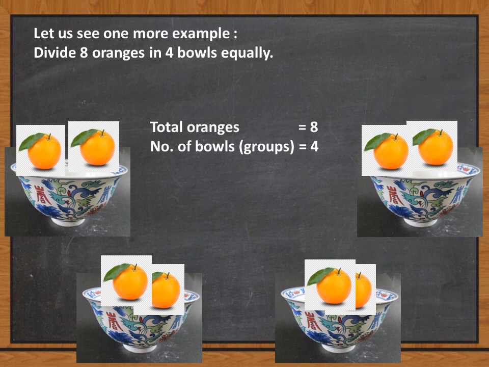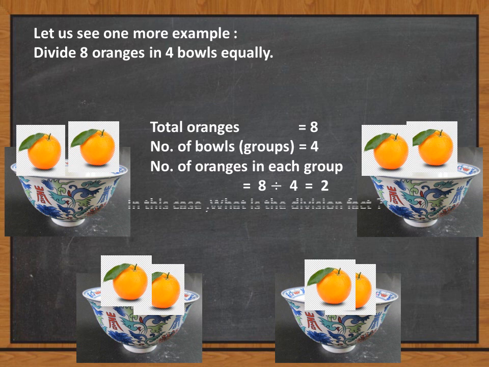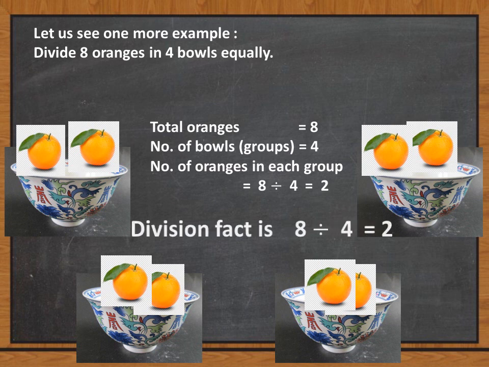That means here we shared 8 oranges equally into 4 bowls, so that in each bowl we have 2 oranges. In this case, what is the division fact? The division fact is 8 divided by 4 equals to 2.